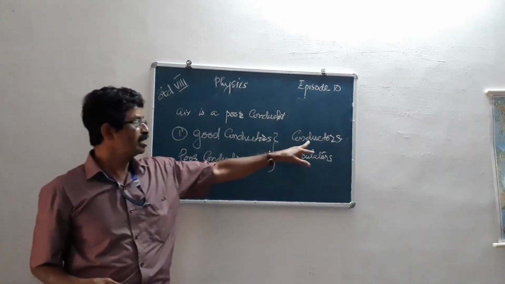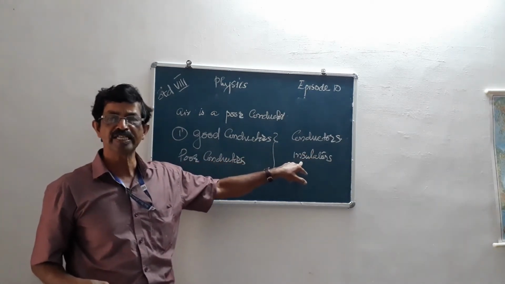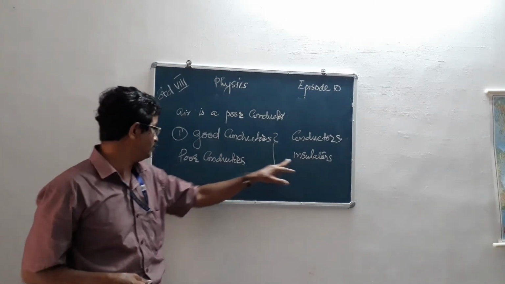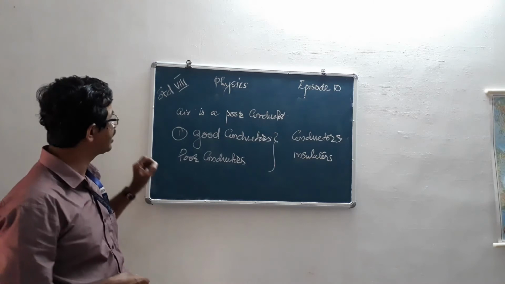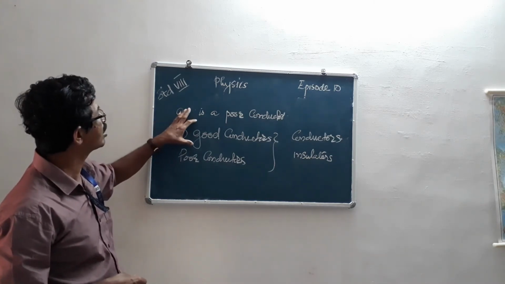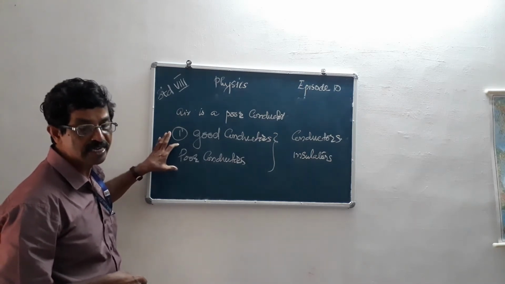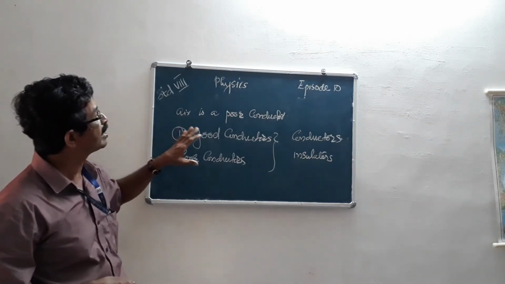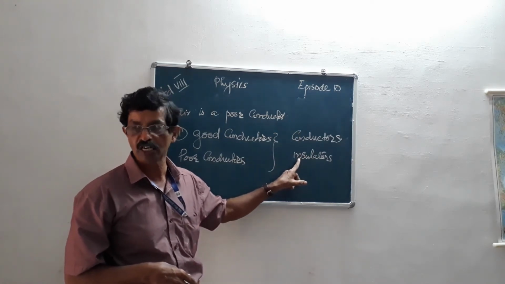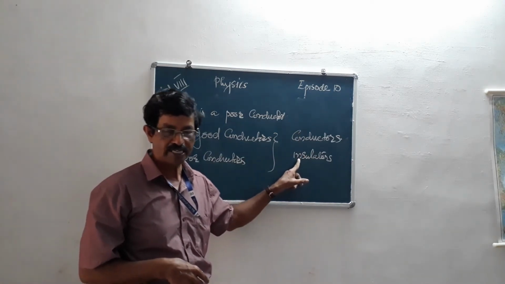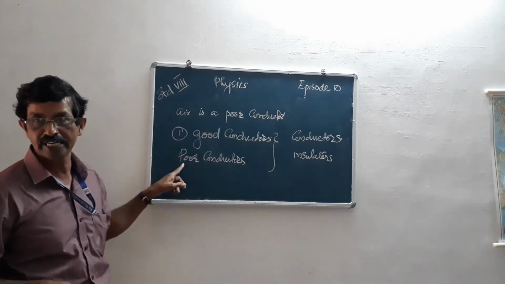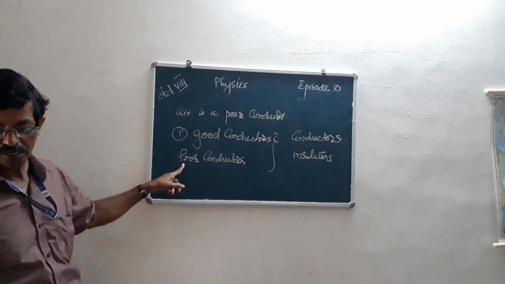That means some insulators in certain conditions can conduct electricity. So in general it is better to consider materials as good conductors and poor conductors instead of conductors and insulators.